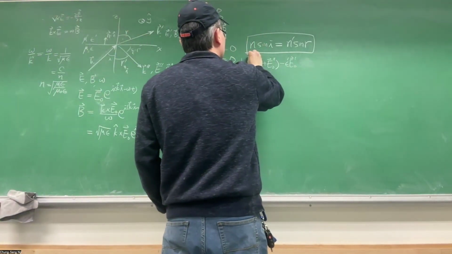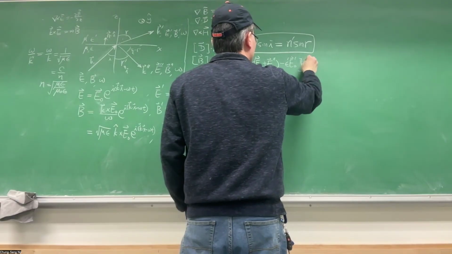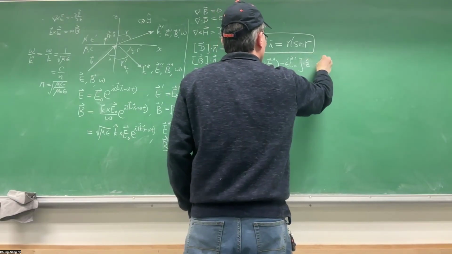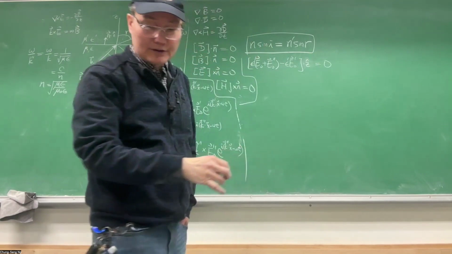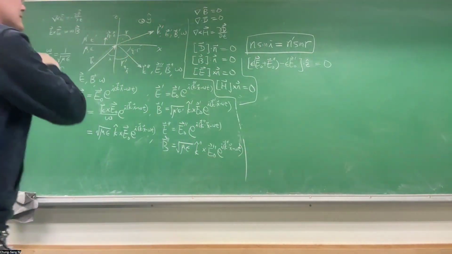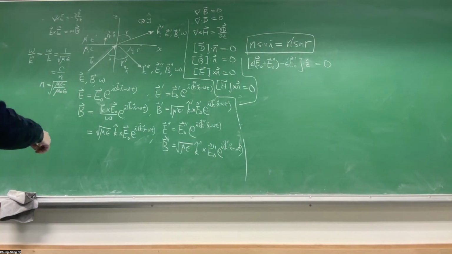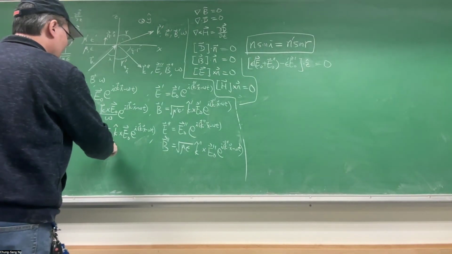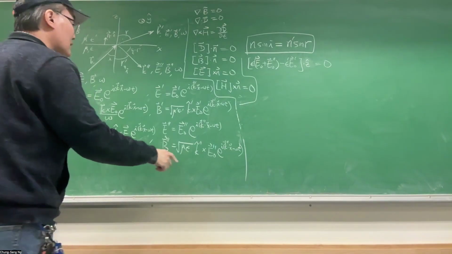Dot n is just like dot z. n is a z. But that's fine.